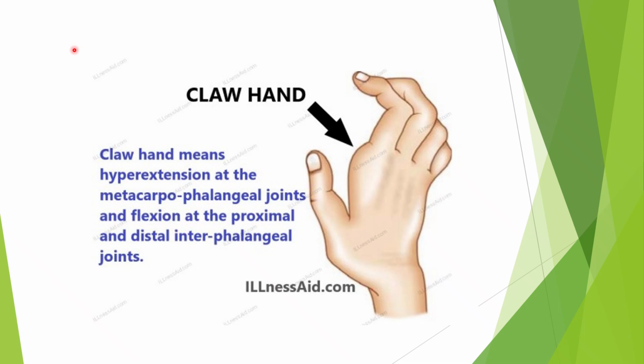But due to the injury to the ulnar nerve and the median nerve, there is loss of action of these lumbricals. Instead, there is a reverse action where there is extension at the metacarpophalangeal joints and flexion at the interphalangeal joints. Because both the nerves are involved, that's the median and the ulnar, there is a complete claw hand.